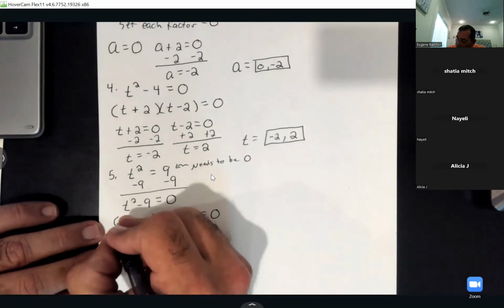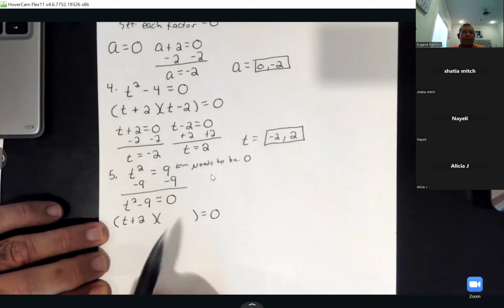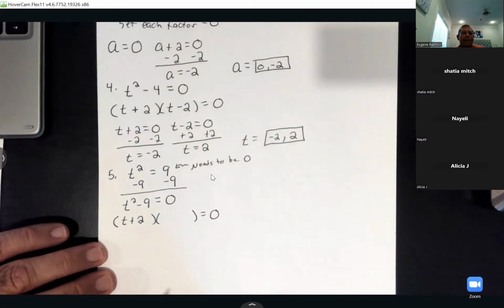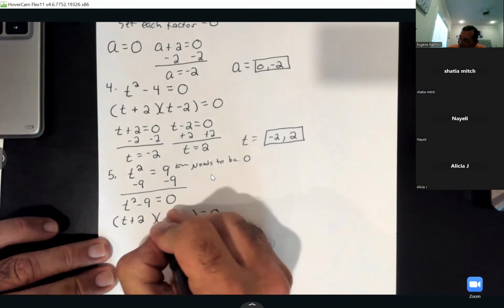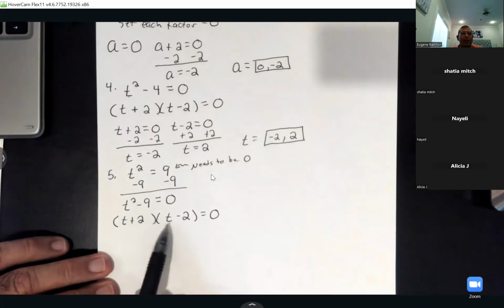All right, so I want a t plus 2 here. And then how about my second one? T minus 2. There you go. Good job. All right, so she got me factored here. T plus 2, t minus 2.